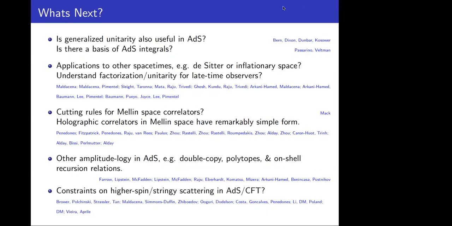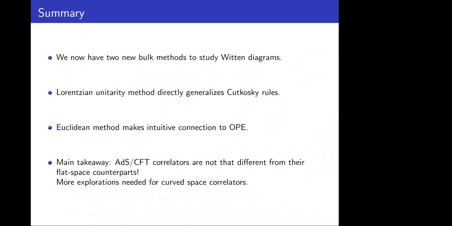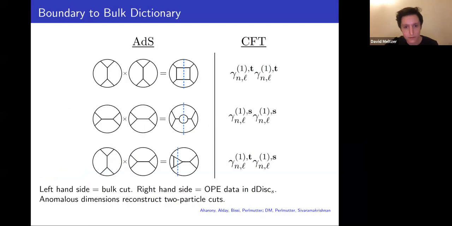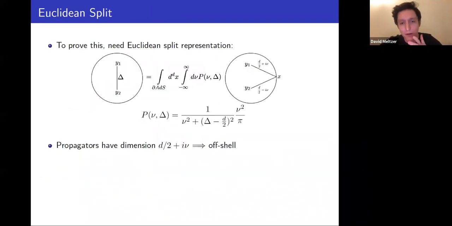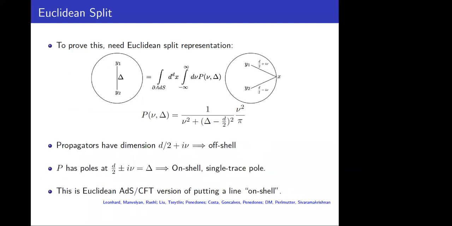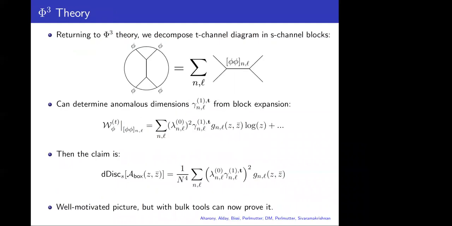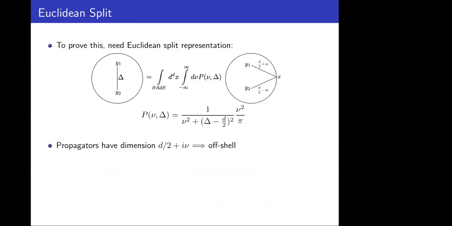Hi, David. Maybe I can start with something completely silly. Could you go back a few slides to the slide where you had diagrams with the cutting rules, a couple behind this? So you had three lines of diagrams and the CFT interpretation on the right.